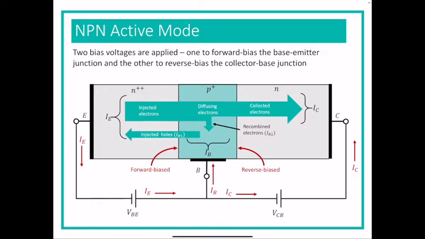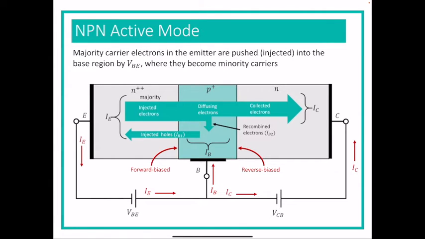When we start out, you'll notice that in the N++ region, there are electrons that are majority carriers. And when we apply voltage and forward bias the PN junction, that means the electrons are moving from N to P, so they get pushed over into the P region.